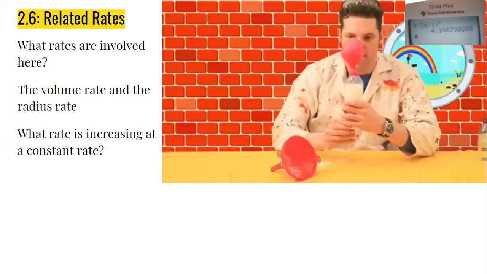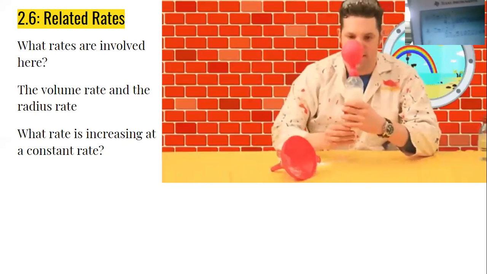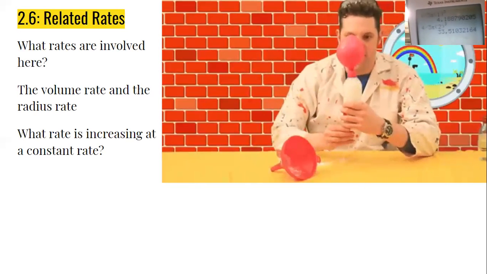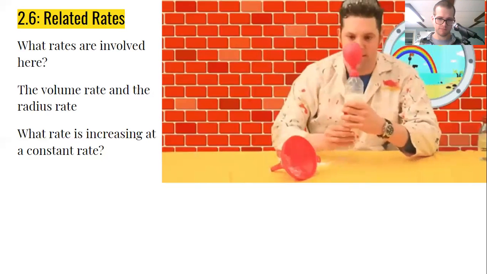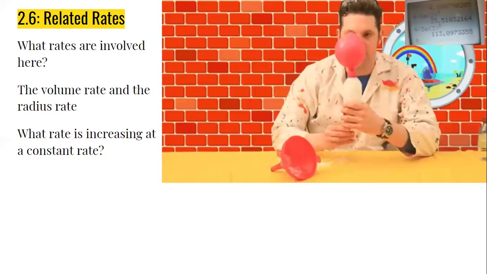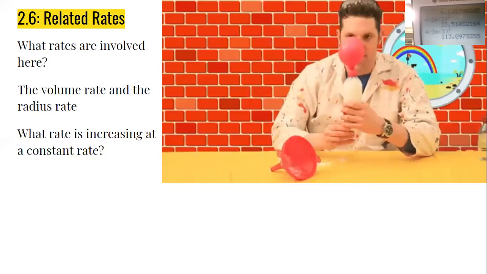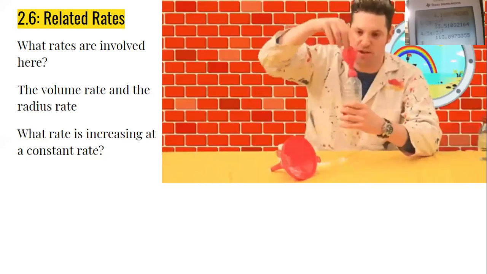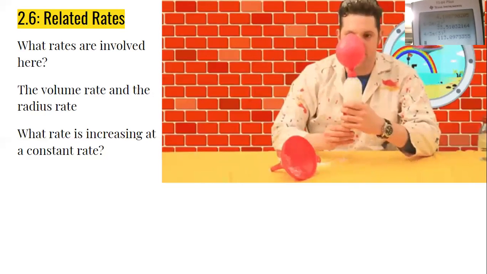So there's a radius of 1 centimeter. There's 2, so it's a growth of about 29. That's a growth of about 80. So a constant growth in the radius isn't going to give us a constant growth in the volume. That's an increasing growth for the volume there.